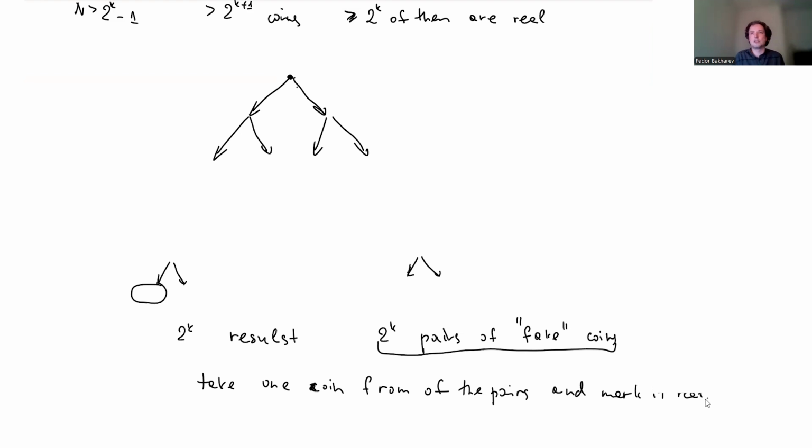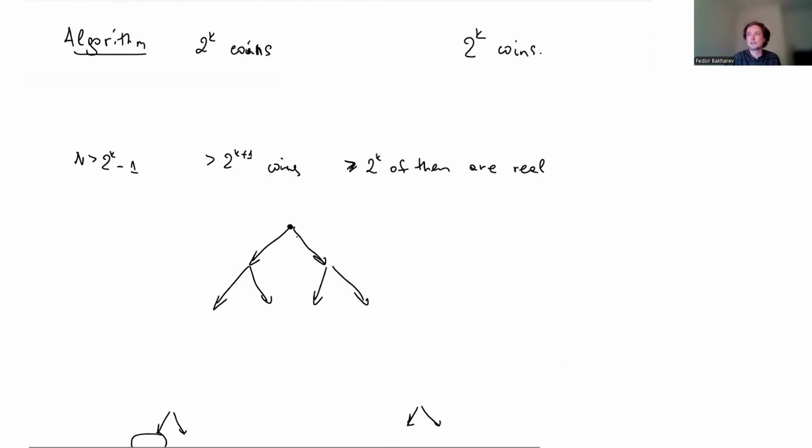So this is the reason why this algorithm cannot satisfy us in the case when we have too many real coins. So this is, I think, a quite usual explanation why some algorithms with testing coins don't work.